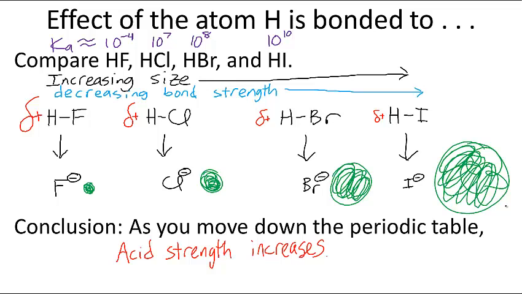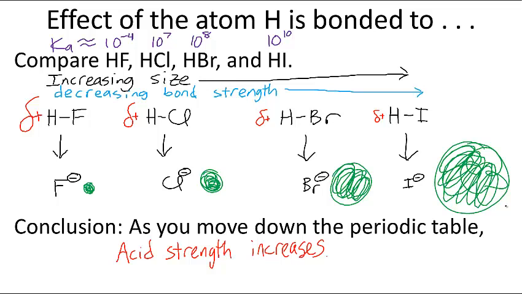And part of the reason for that is the bond between hydrogen and that element is weaker when there's not as good overlap between the orbitals. So hydrogen's this really tiny orbital. When it tries to bond with chlorine or bromine or iodine, it's trying to overlap with these much bigger orbitals. And that weakens that bond and makes it a little easier to break the H+ off.